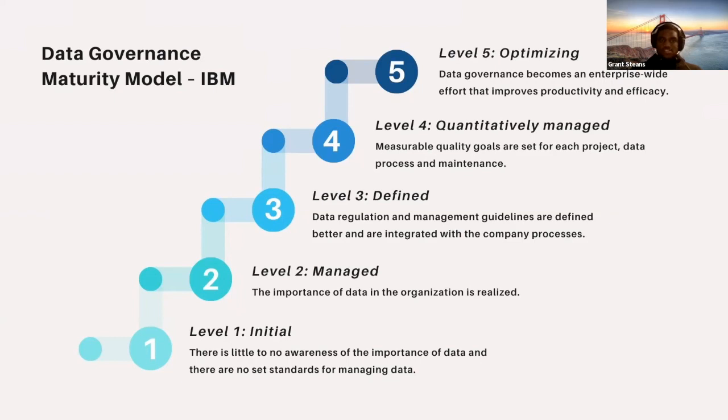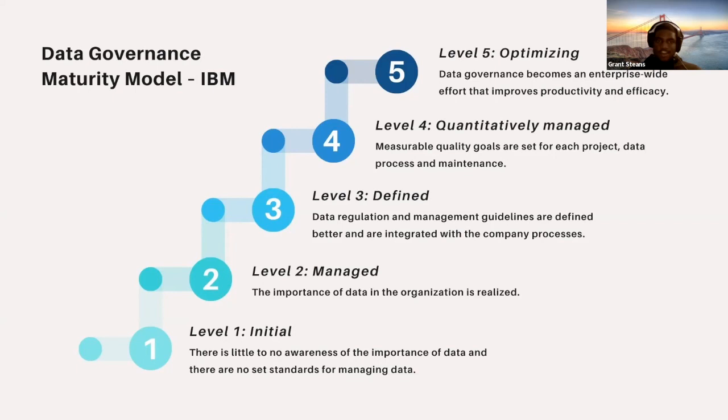Then level 2 is what we call managed, where the importance of data is beginning to be understood and realized across the organization. However, a managed level is typically where there isn't a real buy-in across the organization. People get that we should start taking some sign-in sheets and start paying attention to what is going on with our program and what we're doing.